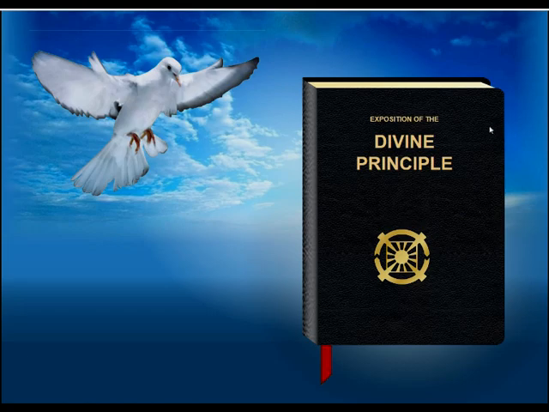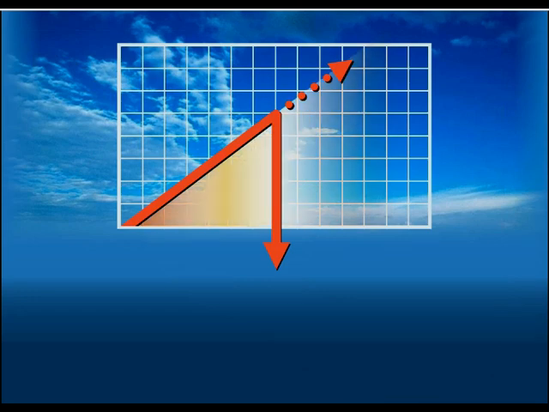The full title of the book is Exposition of the Divine Principle. When you see the diagrams in the Divine Principle, you often will see this type of graph, an arrow which goes up, and at some point it turns and goes down. It's a very common graph in the Divine Principle.